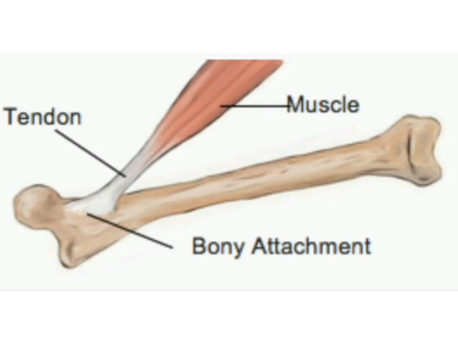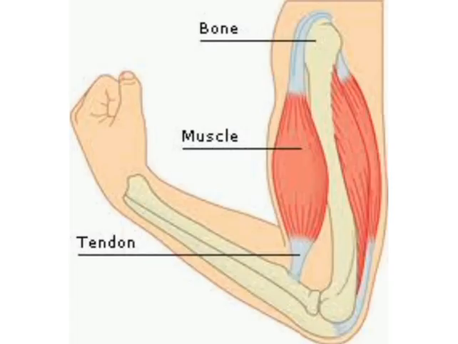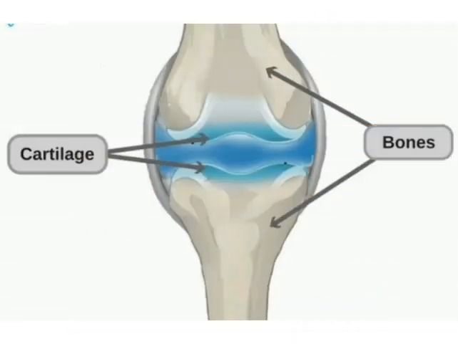The connective tissue tendons are similar to ligaments. While ligaments connect bone to bone, the tendons connect muscles to bones. This fibrous tissue has great strength but limited flexibility.